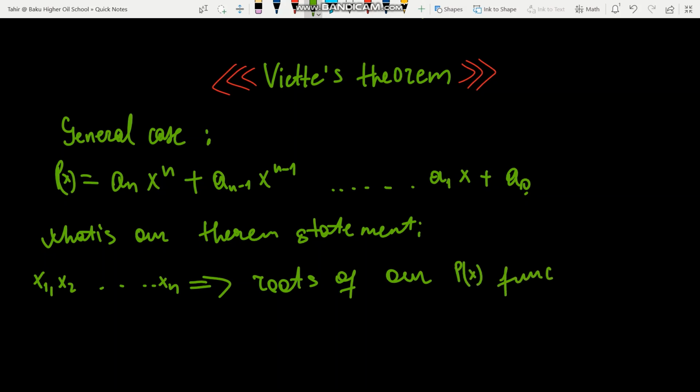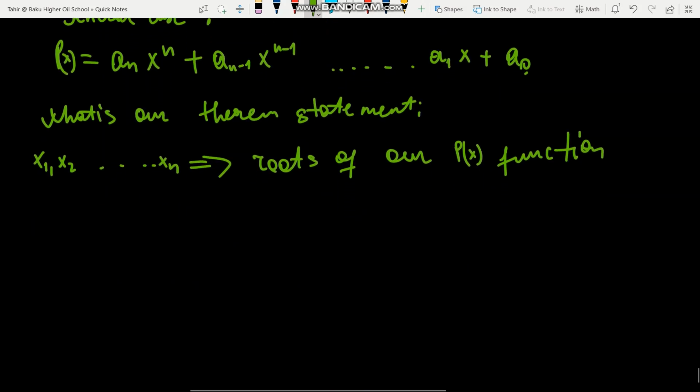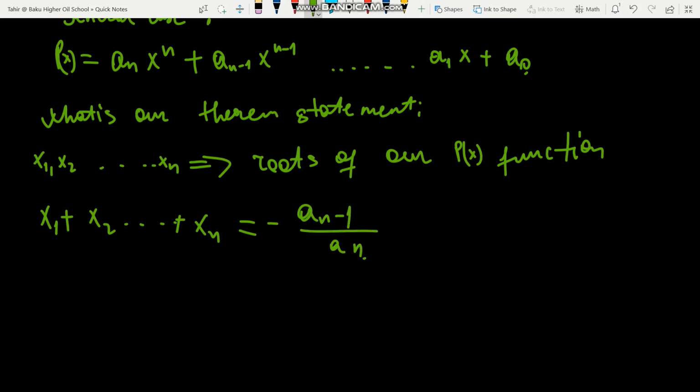then the cases which you will see here are correct every time. First of all, x1 plus x2 up to xn is equal to minus a_(n-1) divided by a_n.